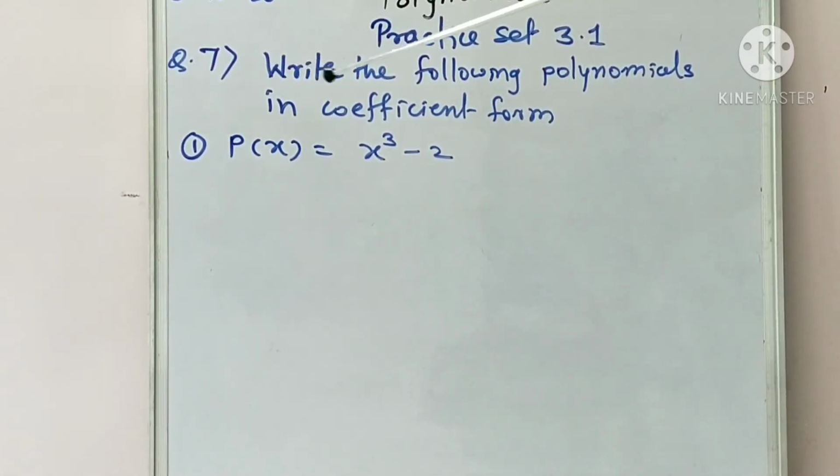Seventh one is write the following polynomials in coefficient form. Okay, so first example, the polynomial is x cube minus 2, we name it as polynomial p of x.